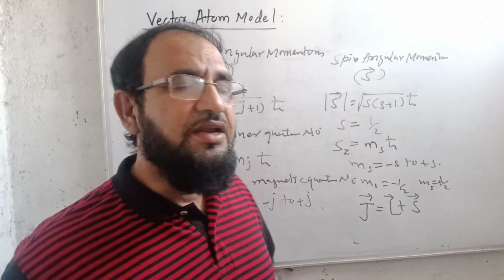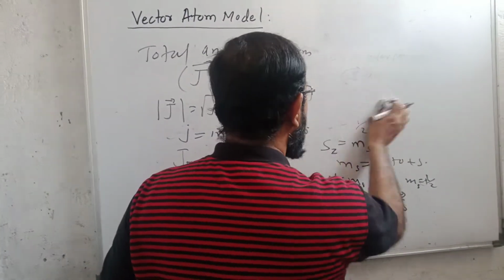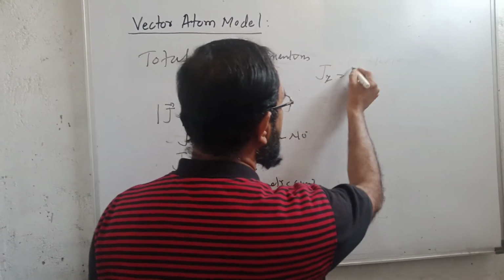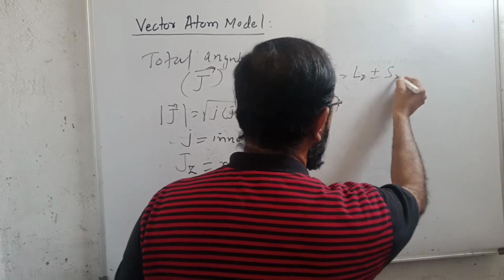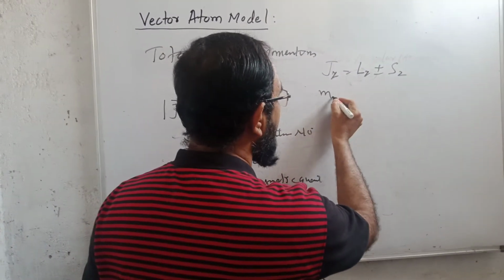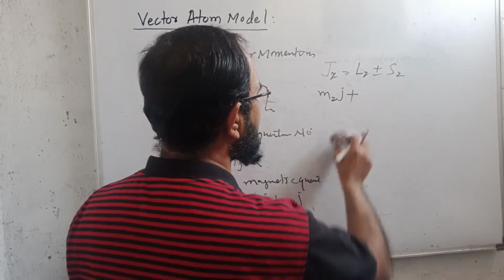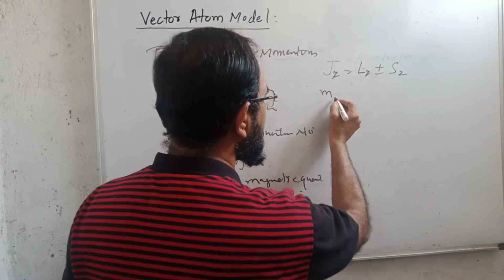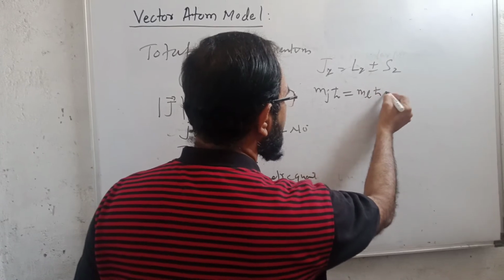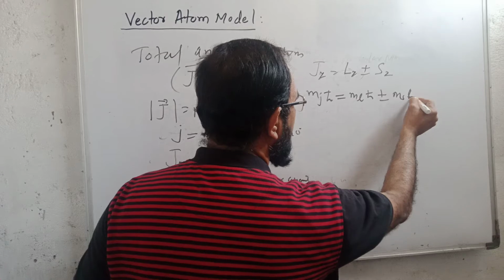Now if I write the magnitude of j along the z axis as jz, it may be Lz plus minus Sz. That means mj into h cross is equal to ml into h cross plus minus ms into h cross.